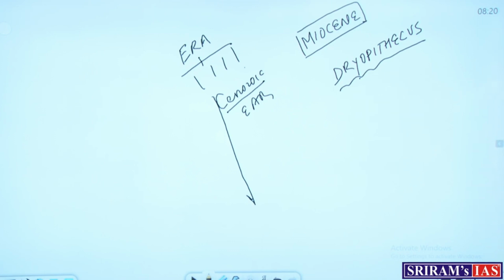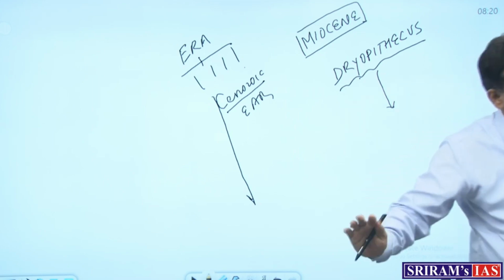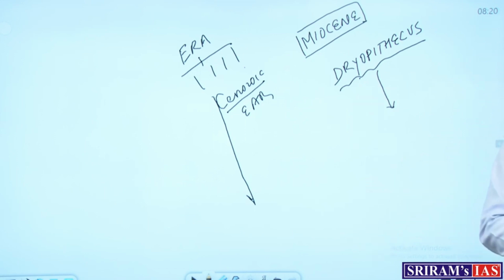Perhaps this is the time when the knuckle walker ape turned into bipedal. This is the biggest mystery in history, that when exactly the knuckle walker turned into bipedal. Till date, despite the lots of advancement made in human research, we are not able to find how Dryopithecus turned into bipedal. But we have found a fossil of a bipedal ape, and that is from Africa.